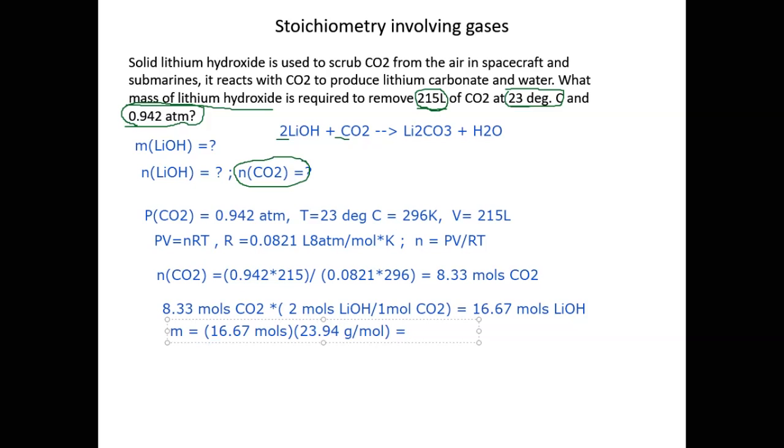And so it's 400 grams of lithium hydroxide. So that's how much lithium hydroxide is needed to remove 215 liters of CO2 at 23 degrees Celsius and a pressure of 0.942 atmospheres.